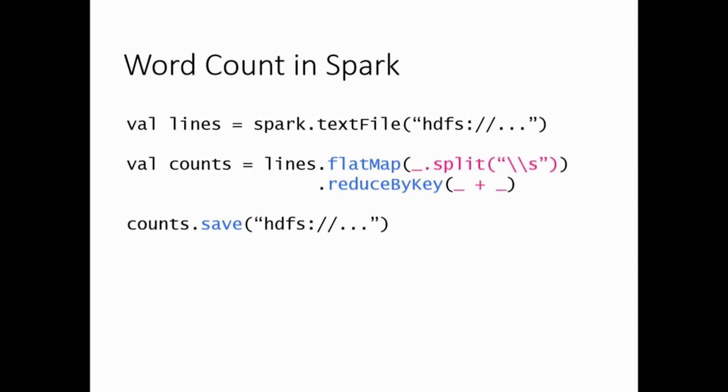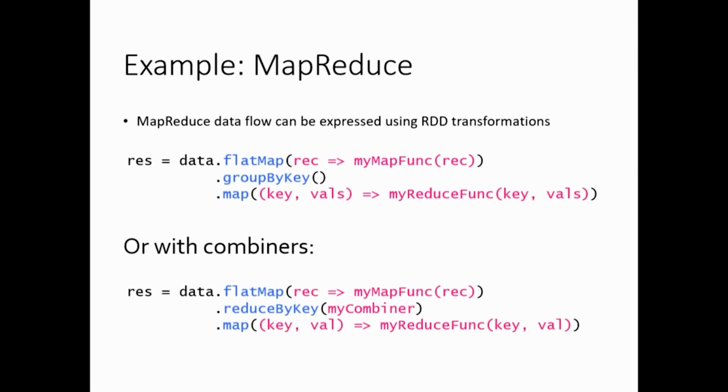So what will you do for word count? How will you do word count in Spark? Write these two functions: mapping, give all the words, create all the key values.